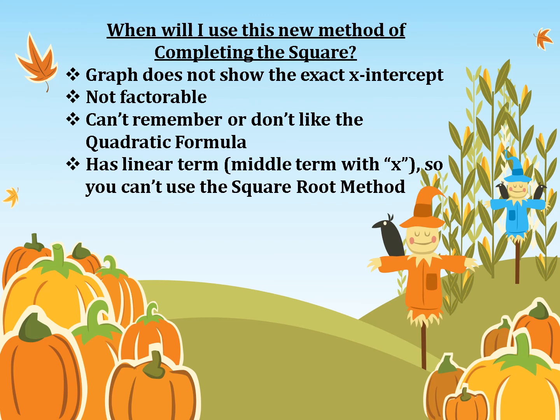You could use it when its middle term has an x, so when it has a linear term, when it's not just x squared and a constant. When you have that x term in the middle, you can't use the square root formula, so you can use complete the square to solve. And lastly, when I'm told to complete the square. That's one of the biggest reasons why we use complete the square.